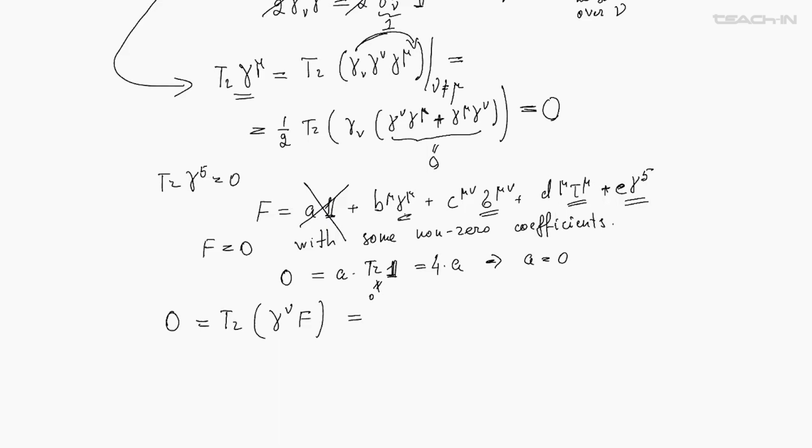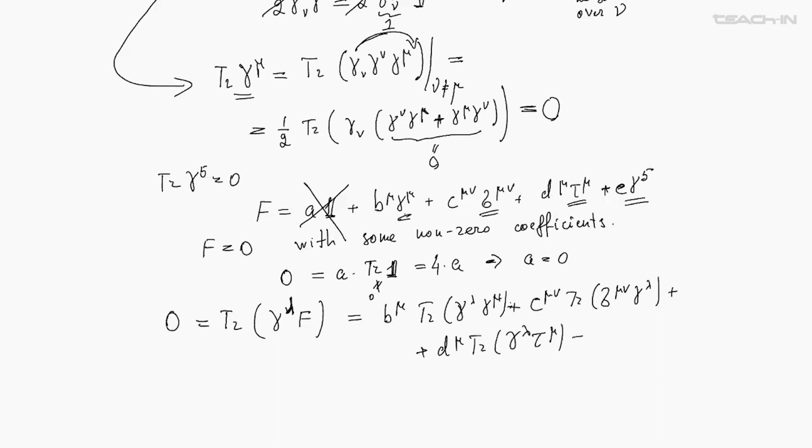And then you take a trace on the right-hand side. So trace of B mu gamma mu with gamma lambda, plus C mu nu, trace of sigma mu with gamma lambda, plus D mu, trace of gamma lambda with tau mu, and finally E, trace of gamma 5 multiplied with gamma lambda, like this.